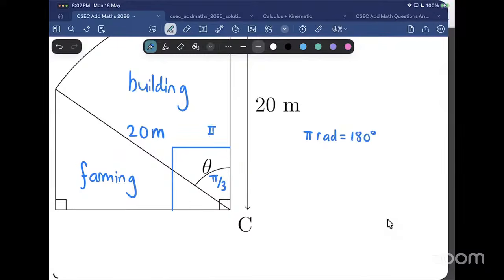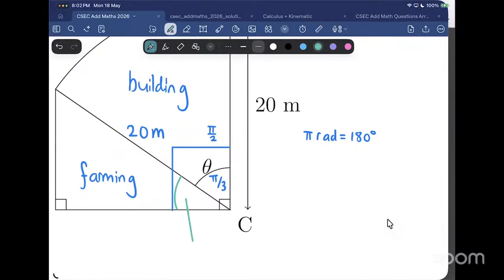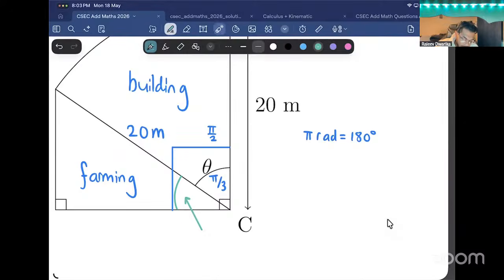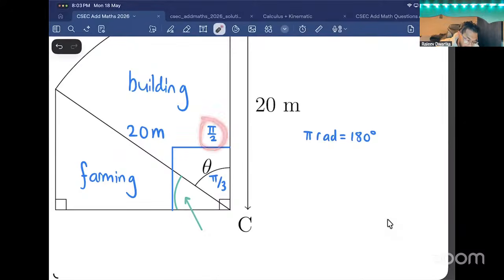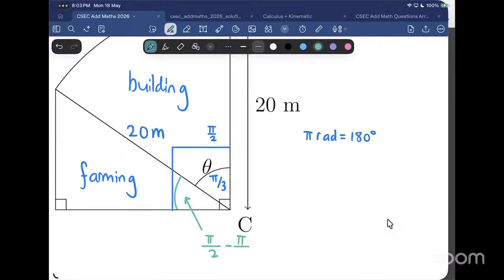So if the whole thing is pi over 2, and this piece is pi over 3, what would this piece be? You have to find the difference. The whole thing is pi over 2, and this piece over here is pi on 3, so I'll minus that.